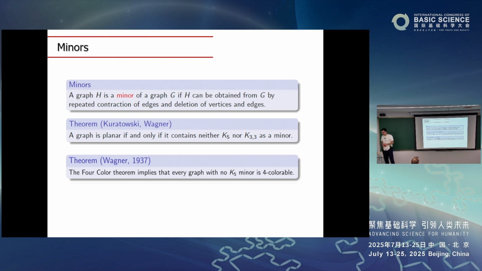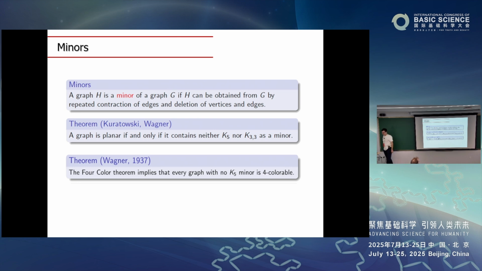And so in this language, the four-color theorem can be reformulated: if you don't have a K5 or K3,3 minor, then your graph is four-colorable. And it was already known to Wagner in the 1930s that you don't need to exclude K3,3.